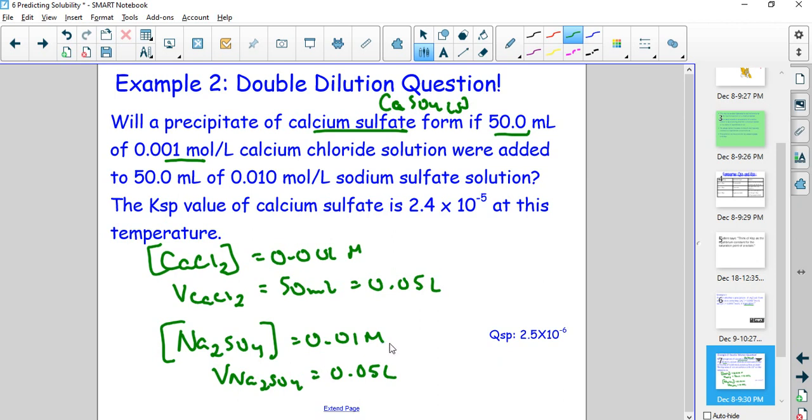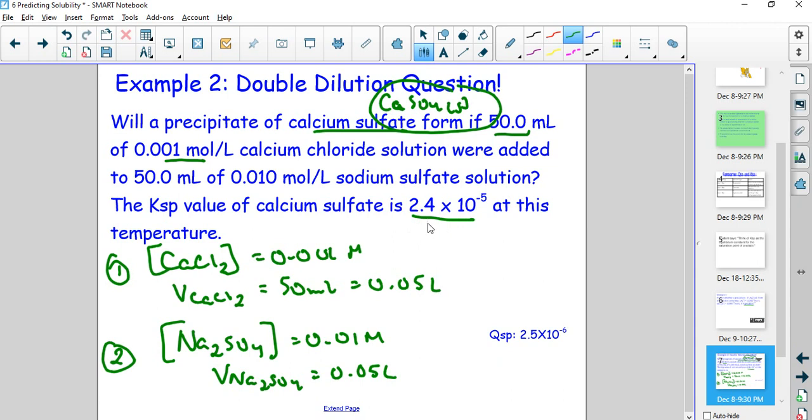So will, by adding these two solutions, solution 1, solution 2, a precipitate of calcium sulfate form? It gives us a KSP value of calcium sulfate. I think you can figure this out.